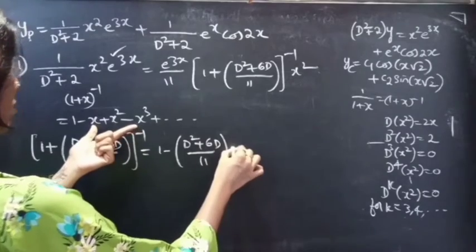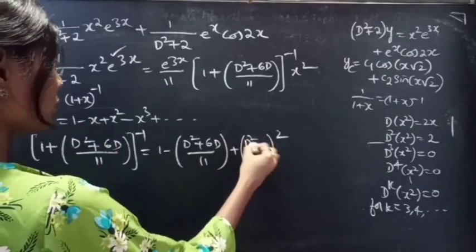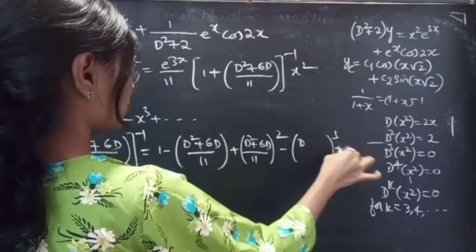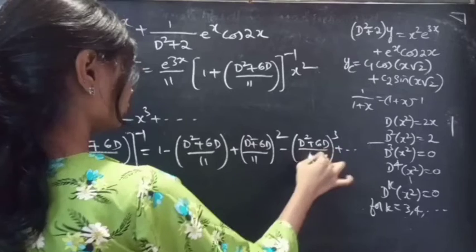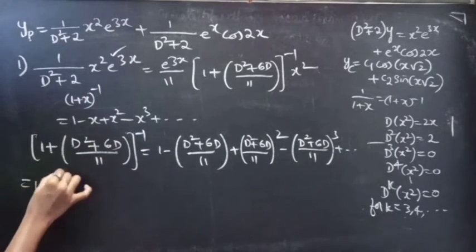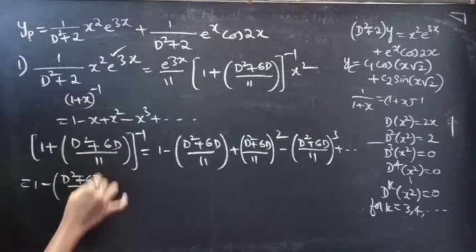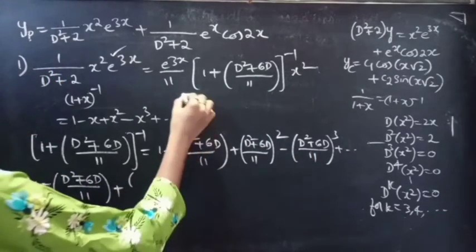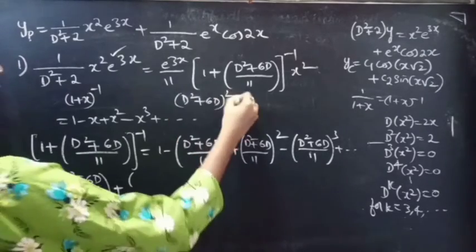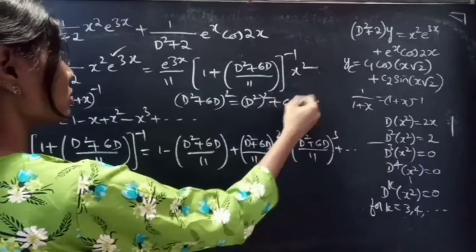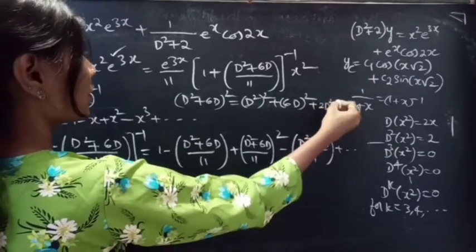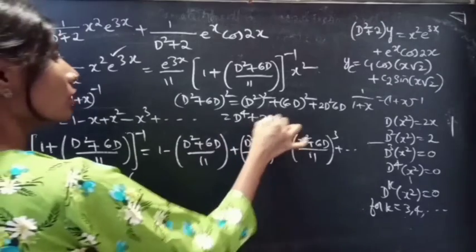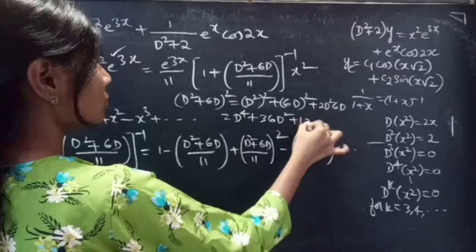We'll get 1 minus x plus x square, that is (d square plus 6d by 11) whole square, minus cube plus so on, is equals to 1 minus d square plus 6d by 11 plus expansion of (d square plus 6d) whole square is d square whole square plus 6d whole square plus 2 into d square into 6d, which is equals to d power 4 plus 36 d square plus 2 6 are 12 d cube.